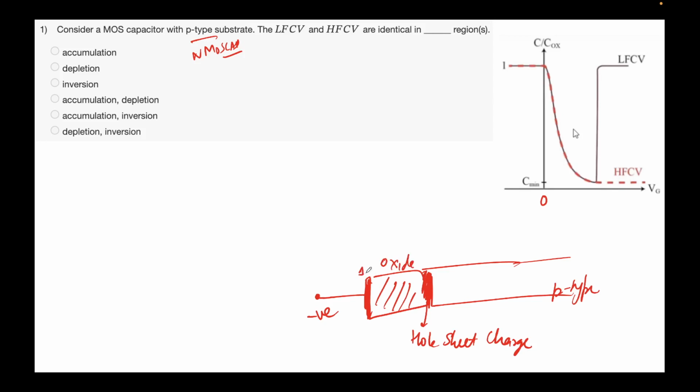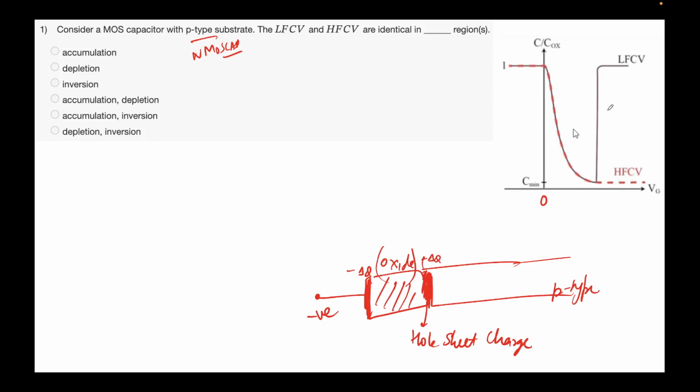Any charge modulation that's going to happen here, minus delta Q and plus delta Q, will only happen across this oxide as the dielectric. So you see C by C ox is 1 irrespective of frequency. So in the accumulation regime, the high frequency and low frequency curves will overlap. In depletion also they'll overlap.